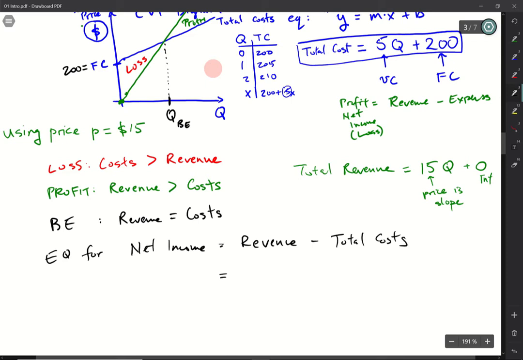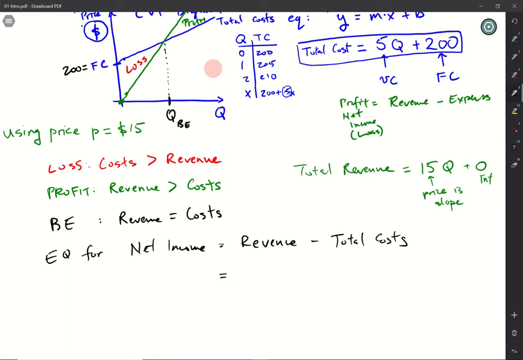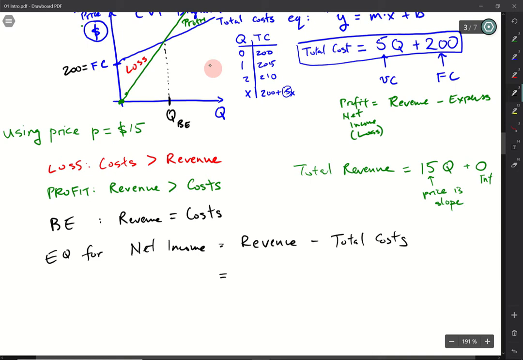So what's our equation for revenue? Basically, it's just the revenue: 15 times Q. Price times quantity, right?